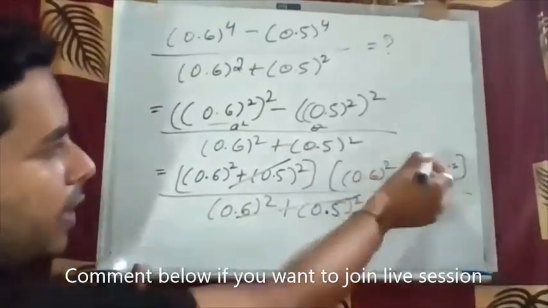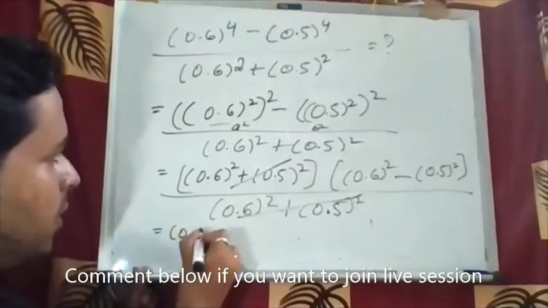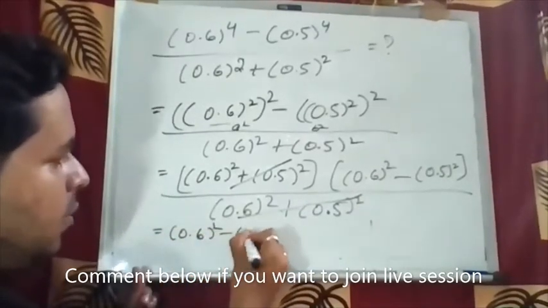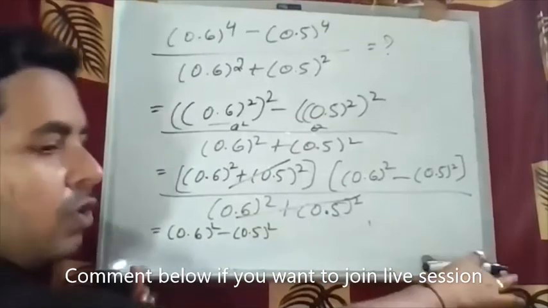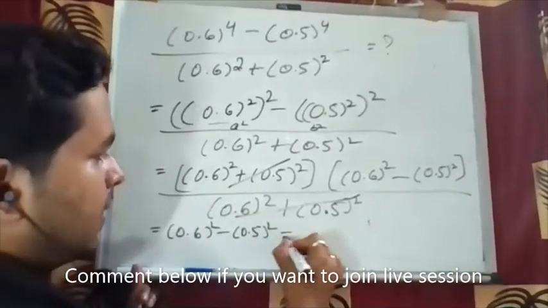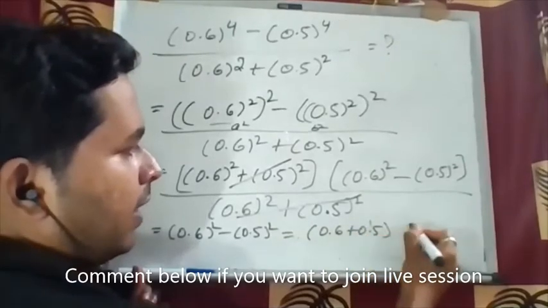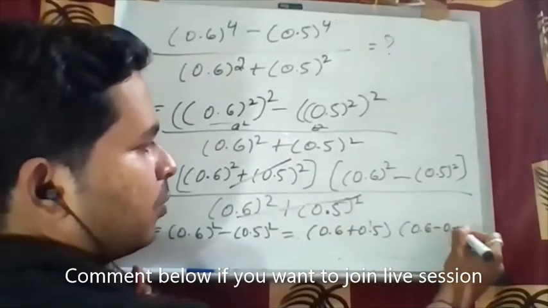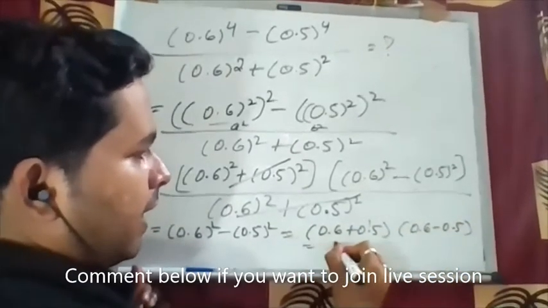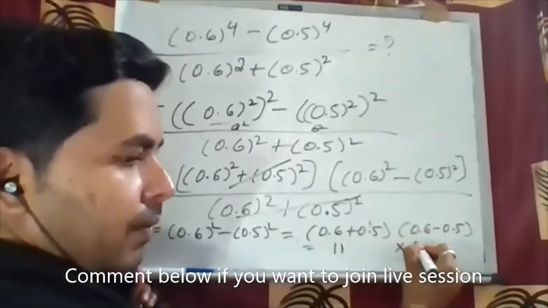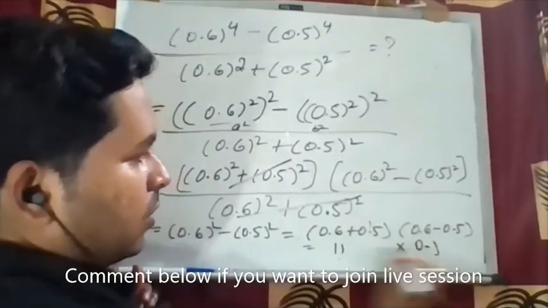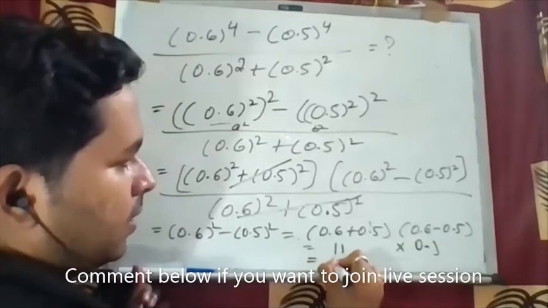Okay, so now take this 0.6 square minus 0.5 square. So how do we write this later? Just expand this: 0.6 plus 0.5 and 0.6 minus 0.5. So here you will get a 11, and here you will get a 0.1.